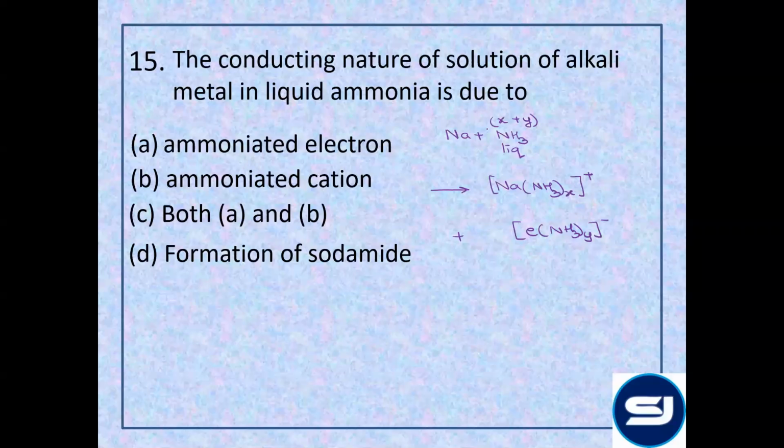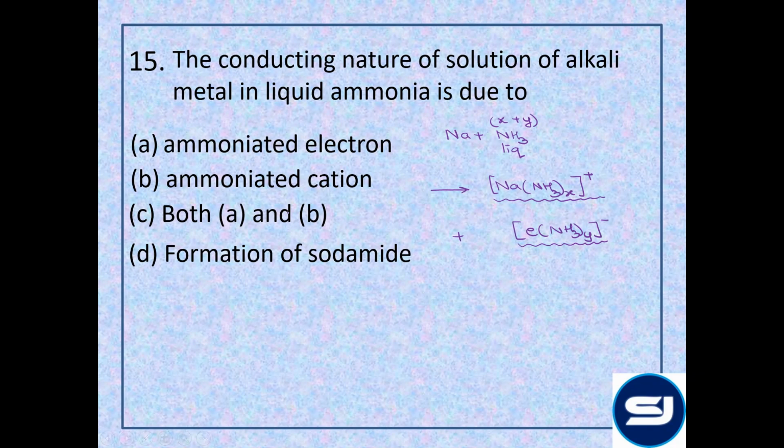So when sodium is dissolved in liquid ammonia, it forms a blue-colored paramagnetic solution. And this paramagnetic solution is due to ammoniated electron. The blue color is due to ammoniated electron, but the conducting nature is due to both the ions, cation as well as anion. तो कंडक्शन का जो नेचर है वो दोनों की वजह से है. ब्लू कलर और पैरामैग्नेटिक सिर्फ अमोनिएटेड इलेक्ट्रॉन की वजह से है.